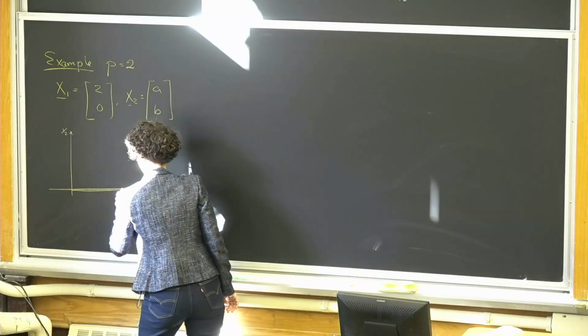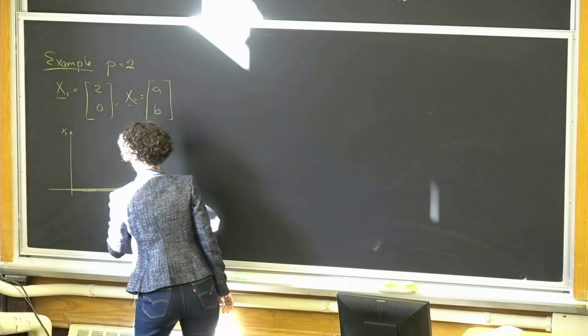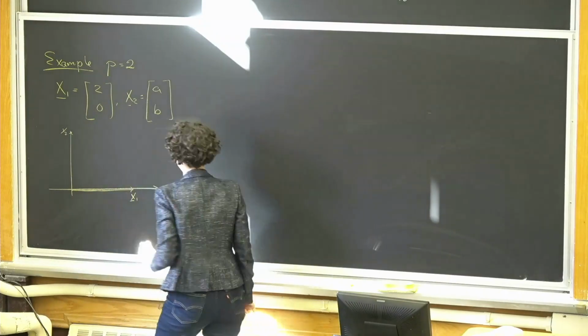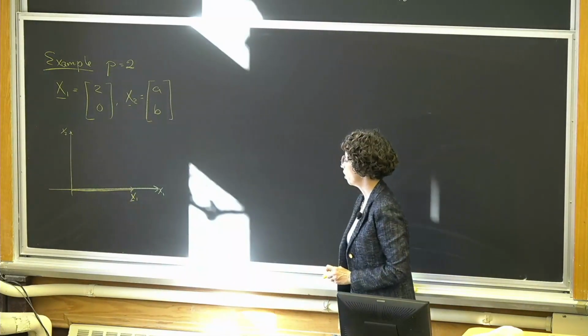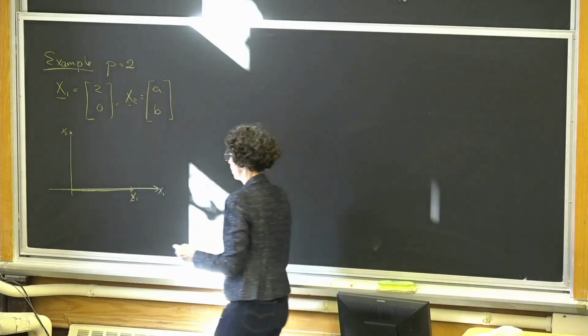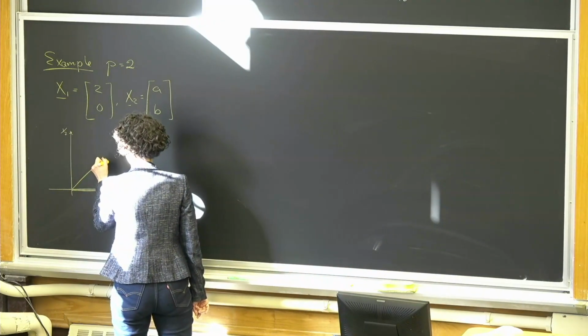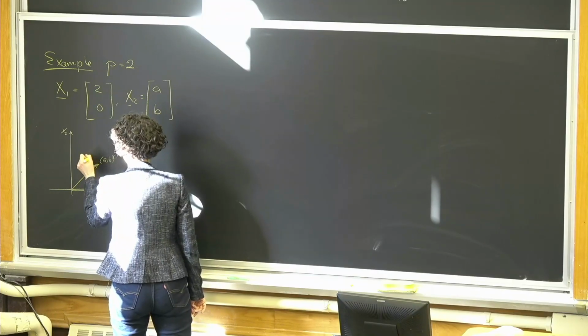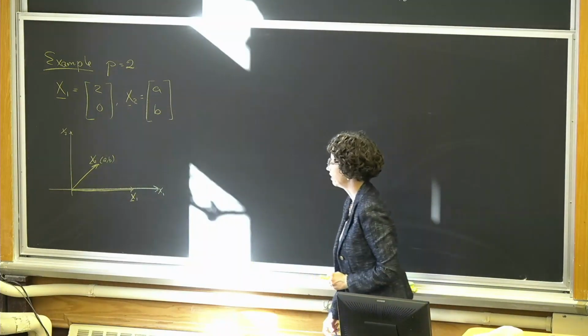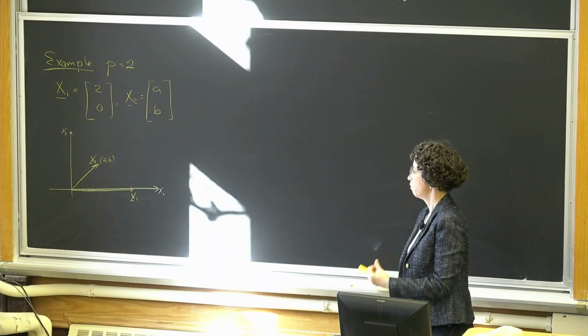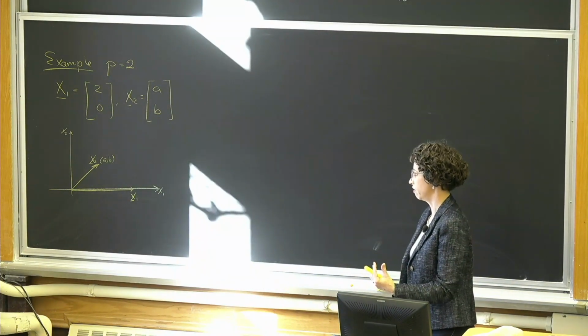I'm drawing it a little bit below just so it's visible. But this is my first point, x1. And then my second point, x2, I'm just going to draw it like this. It's got coordinates (a, b). And this is x2. Okay, so I want to find a basis now for this space given these two vectors.